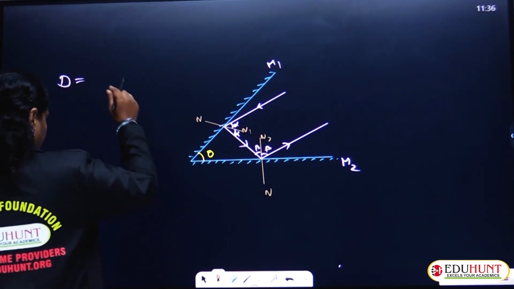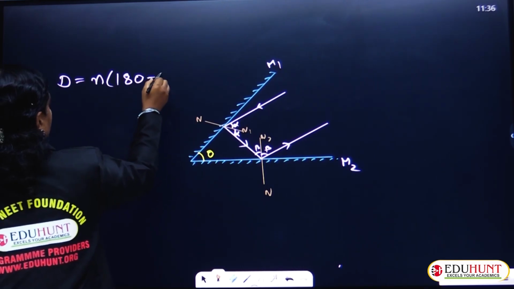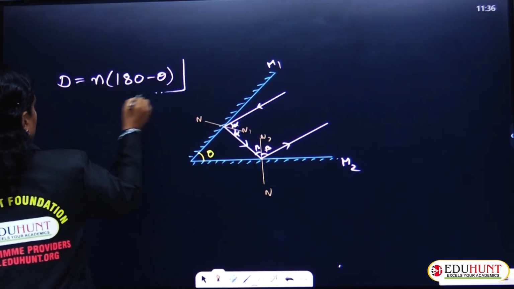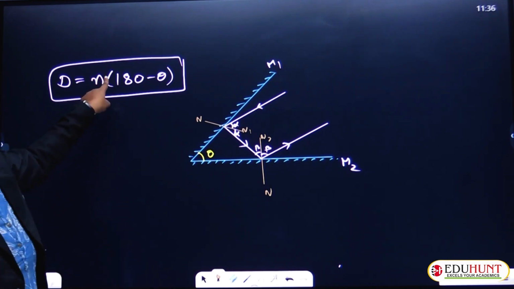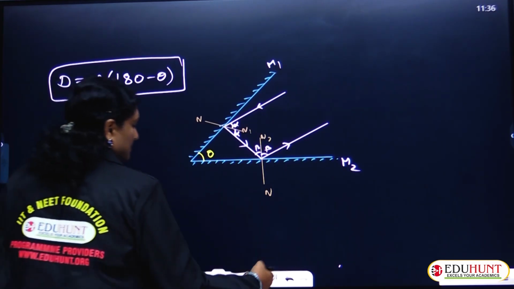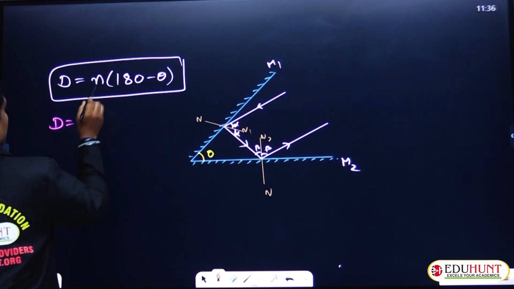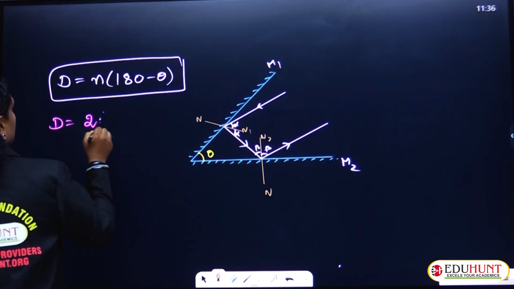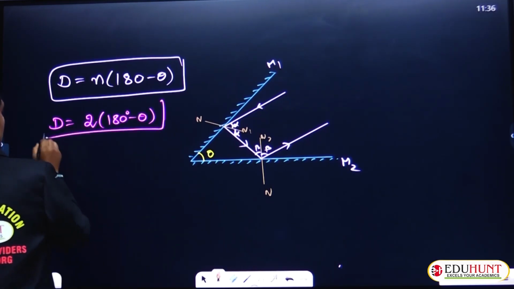Then the angle of deviation is found to be n times (180 minus theta). This is the formula. Here n is the number of reflections. The same thing, in this example, whatever we have considered, only two reflections, then D must be equal to 2 times (180 minus theta).